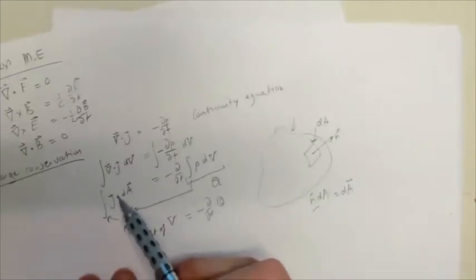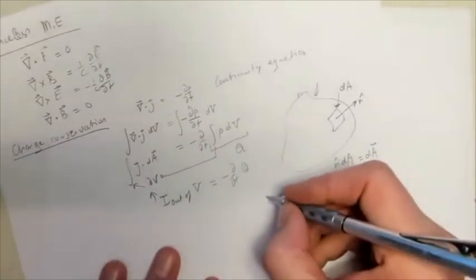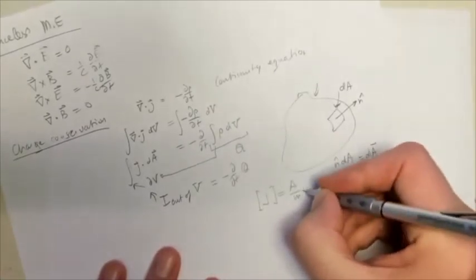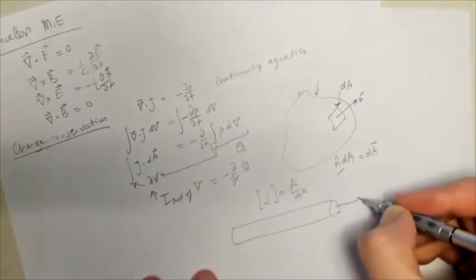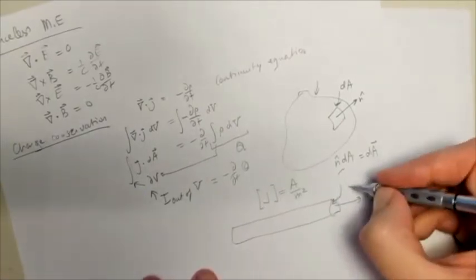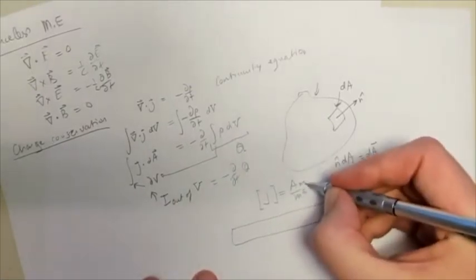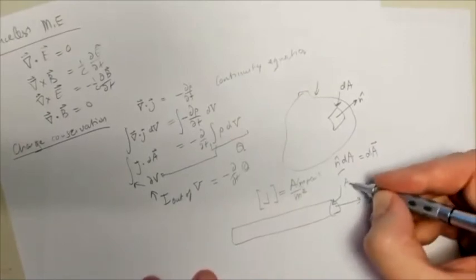Now, the units of current density are amps per square meter. Let's say you have a wire with a current flowing this way, and it has a cross-sectional area, unfortunately also called A. This A is ampere, and this is surface area in square meters.